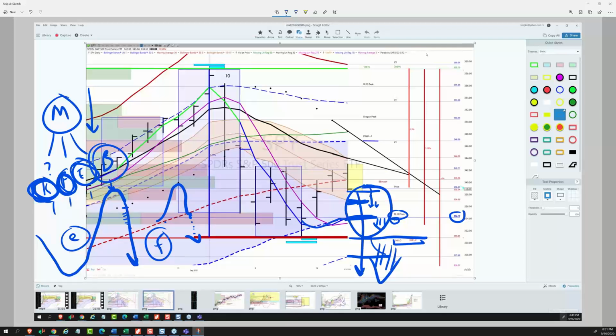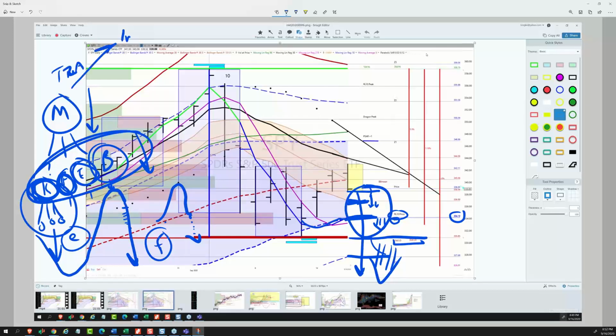So if the market's down, I then want to find which sector is doing the worst, and then find the symbol that's doing the worst inside that and get short. Or I could just play TZA to the long side and just play the inverse sector. That would be the inverse Russell.